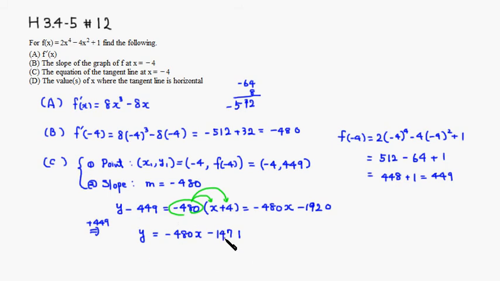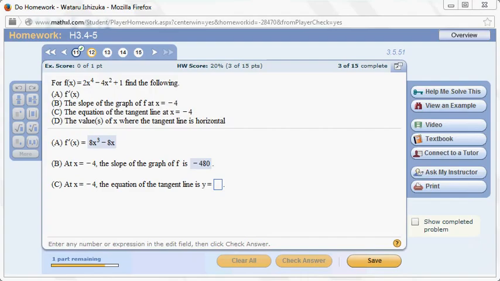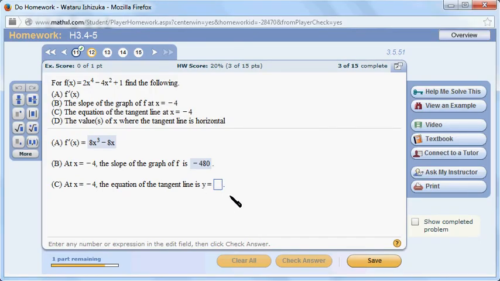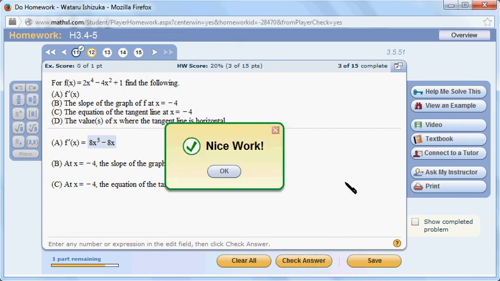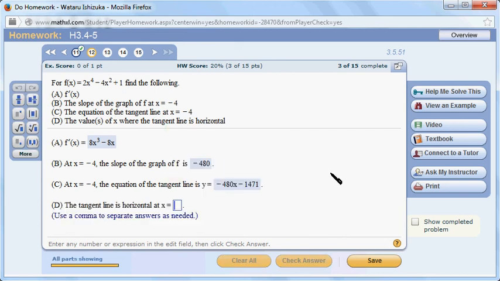So that's the equation. So let's type it in. All right, so the equation was negative 480x minus 1471. All right, so let's check. All right, we got that.